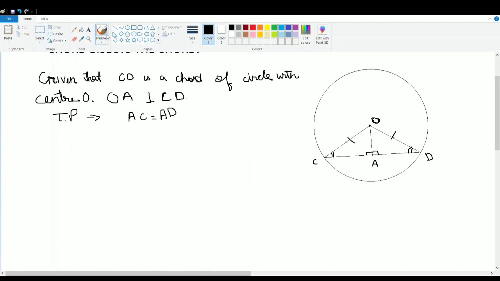So now we'll write down the proof. How will you write down the proof here? You can just note it down.